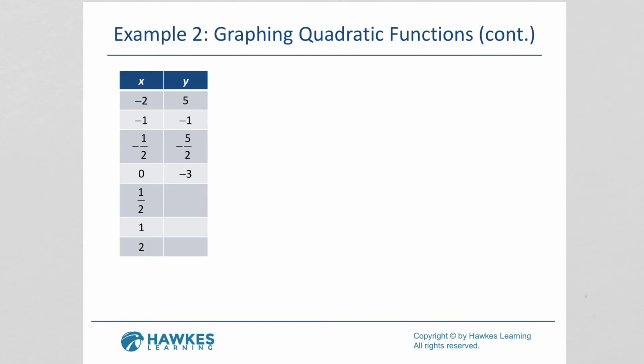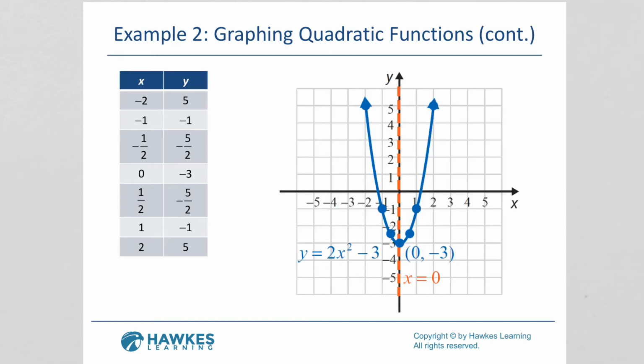When you plug in 1/2, you're going to get -5/2. When you plug in 1, you're going to get -1. And when you plug in 2, you're going to get 5. So this is what our graph looks like, where the dashed red line is your line of symmetry. It's the line that cuts the graph into 2 equal pieces.